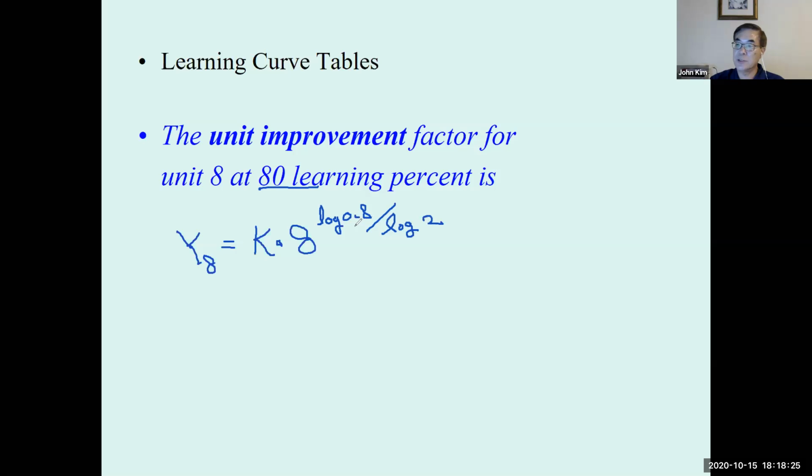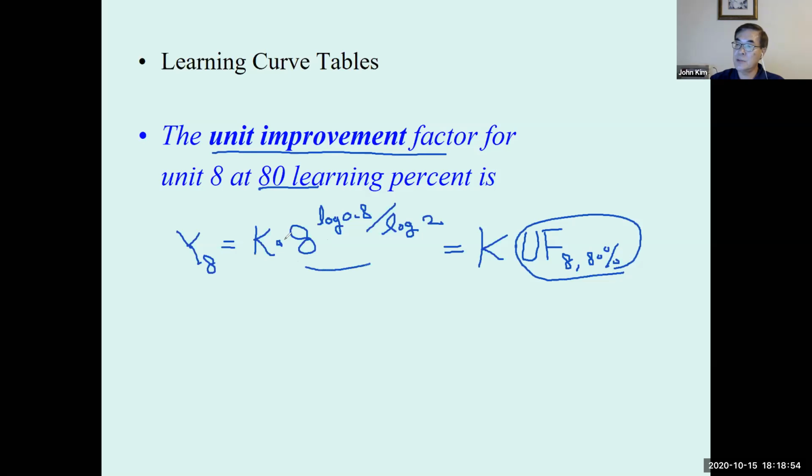That equals K times what I call the unit factor. So this unit improvement factor, I call the unit factor at 80%, is the same as this part of the logarithmic learning curve formula.